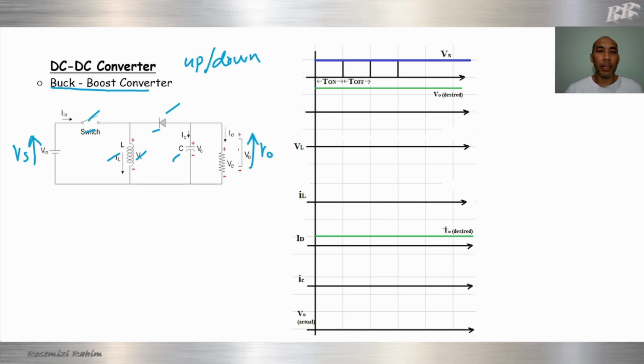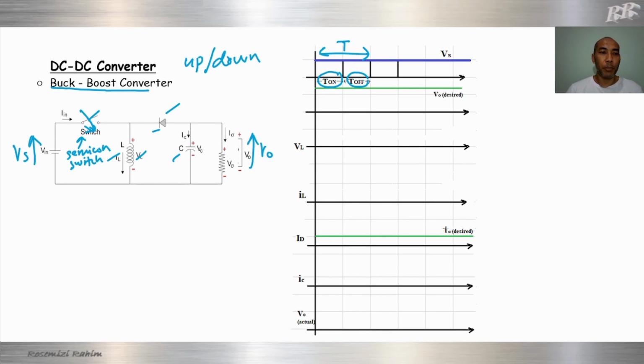Okay, so we will analyze in two sections: during switch on and during switch off. This is the control of the full period time. We will use a semiconductor switch to control the input on and off.